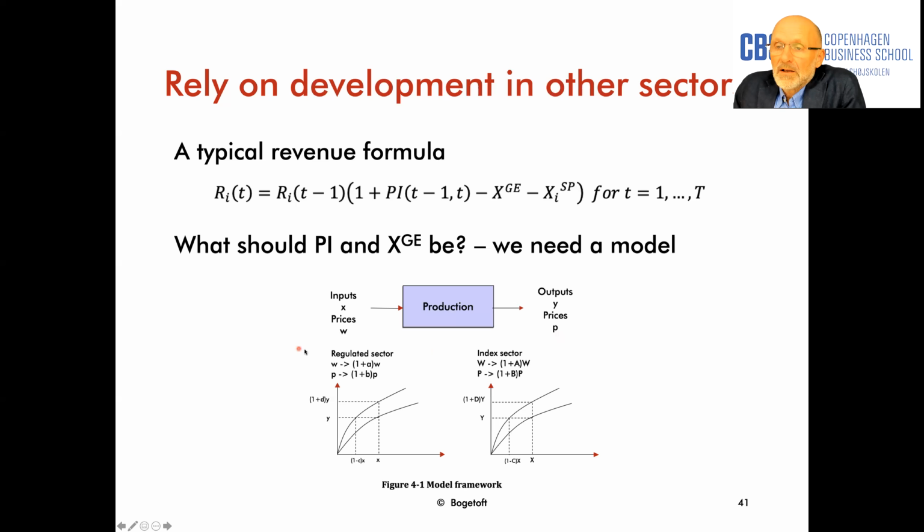Let's assume now that you have your regulated sector, and this is the technology in the beginning, and then next year the technology looked like this, because we see some technological progress. You could say, for example, assuming that output is fixed, that instead of using X as the input, it's enough just to use 1 minus C times the input.